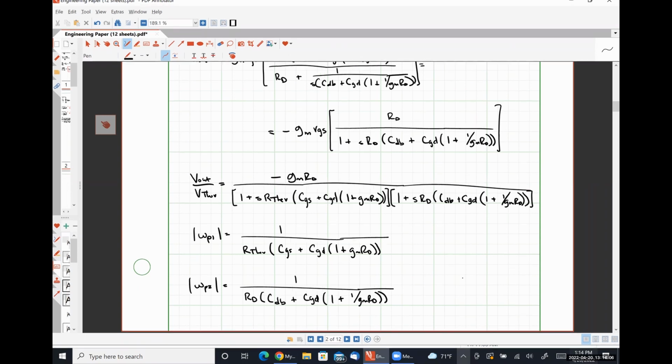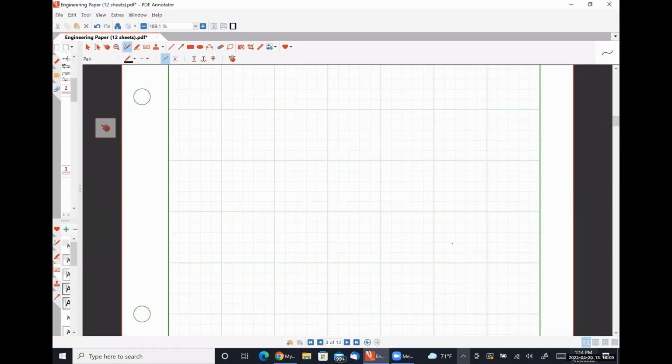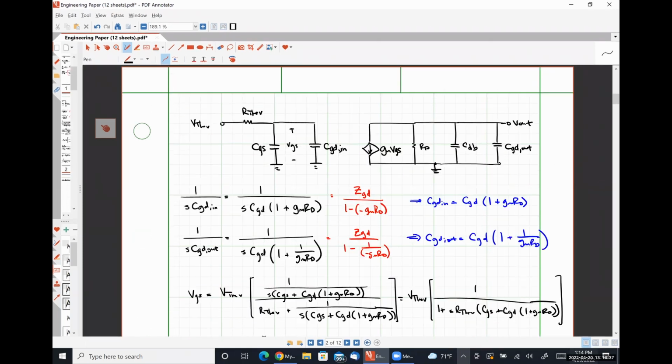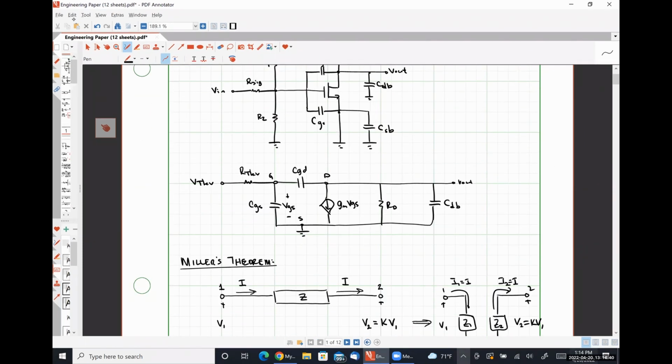So our open circuit time constant method. If you'll allow me to copy and paste something real quick here just for reference, we're going to be looking at our small signal equivalent circuit here.